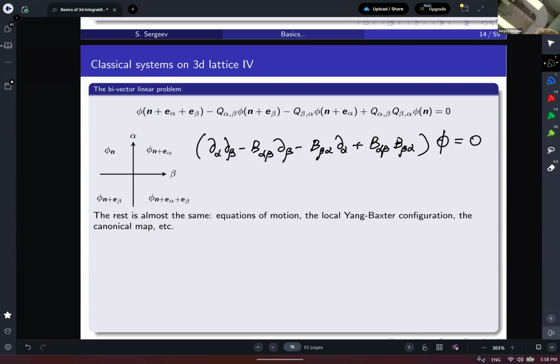That's the form of the linear problem. And the zero curvature representation, the proper form of it for this particular problem, gives you the equations of motion. Well, now what we're doing, we do a replacement: derivative to be replaced by difference.